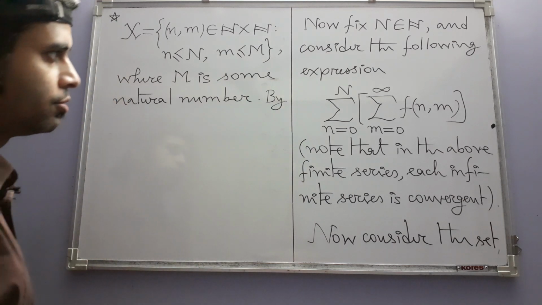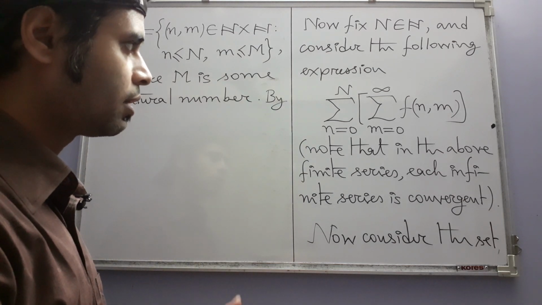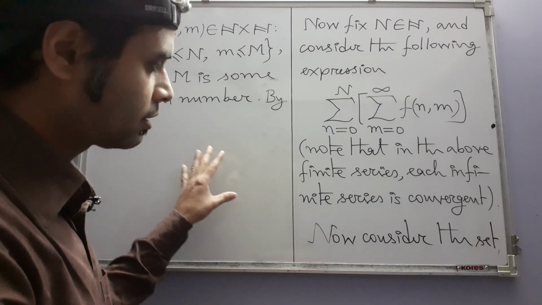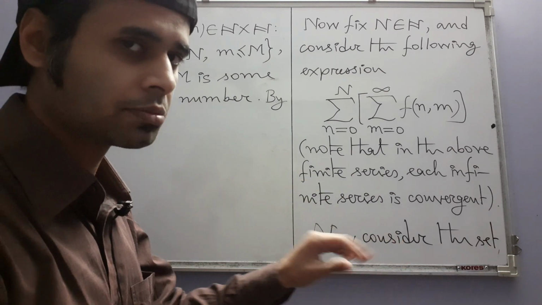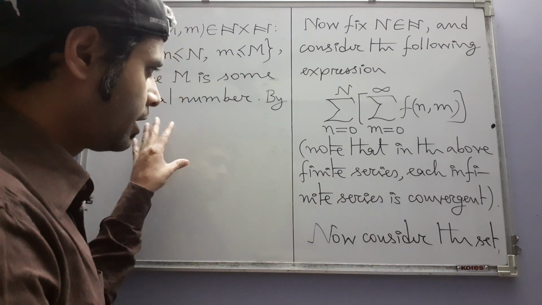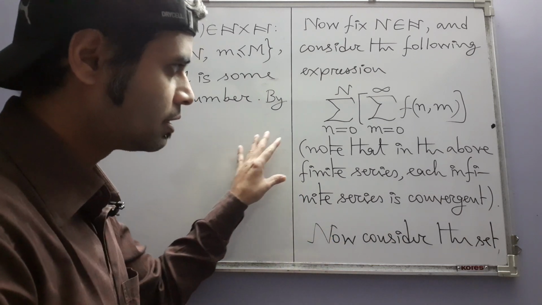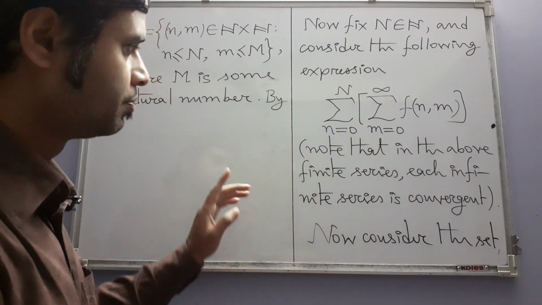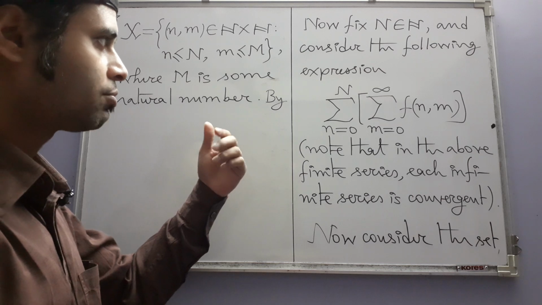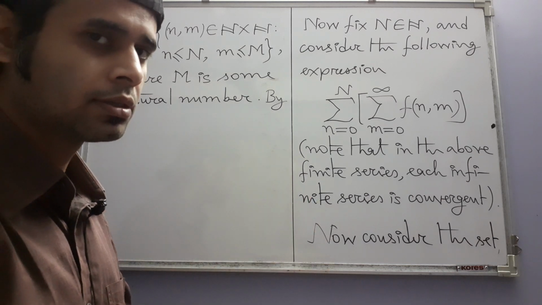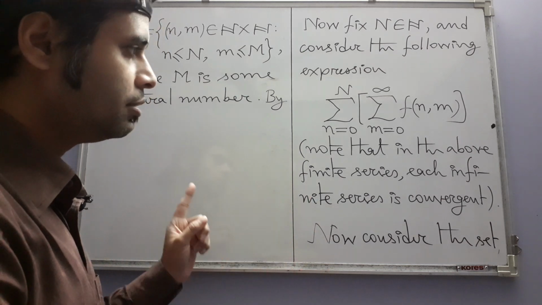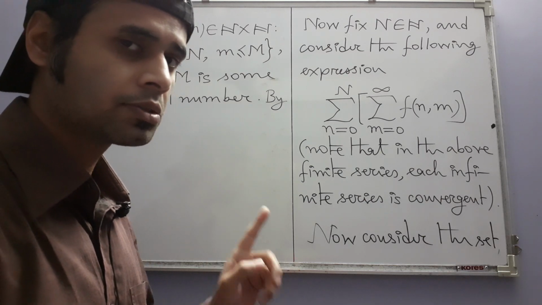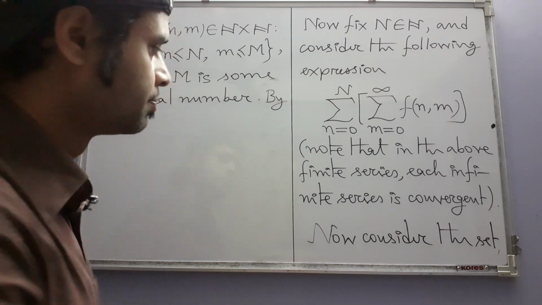Now what we are going to do, we are going to consider a finite series of a finite series. In our actual proof here, we have to show that the infinite series of infinite series has the same sum as the infinite sum, which is capital L. But now we are going to consider a finite series of a finite series, and here we will use Fubini's theorem, which we have already come across but for finite series.